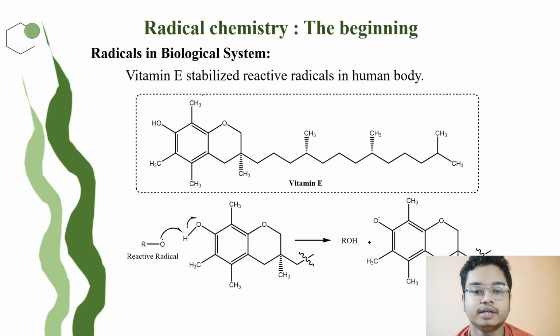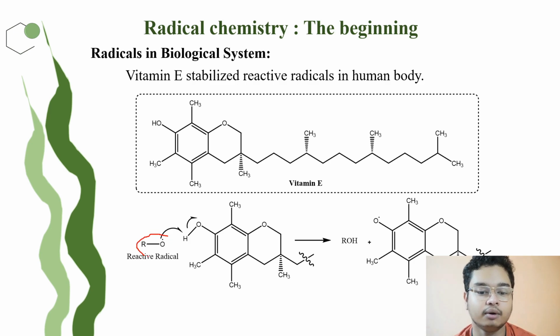So vitamin E present in our body undergoes a radical reaction with these reactive radicals generated in our body system to convert that harmful radical to a treatable or non-harmful radical. So first of all, this vitamin E undergoes a radical-based reaction with our harmful radicals present in our body to make them non-harmful radicals.